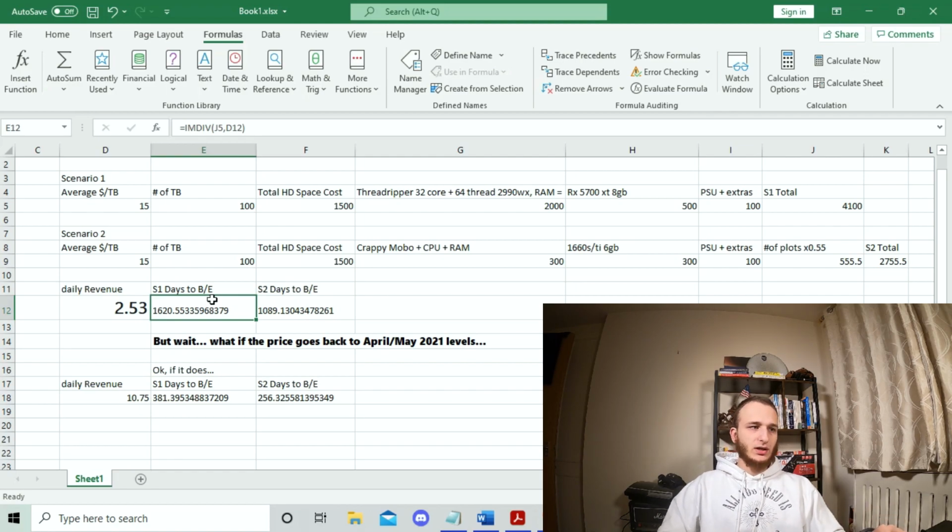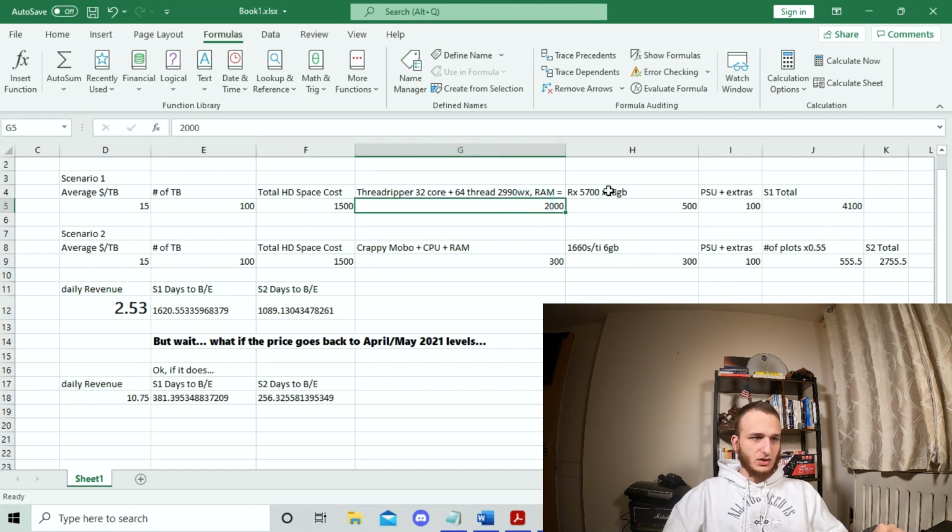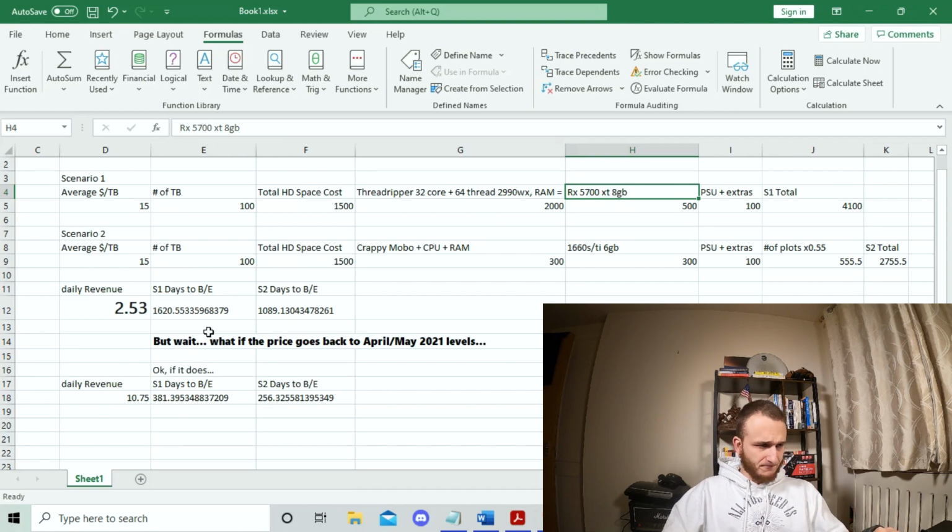Although it's a really good fail-safe option, you could sell these things off, and it's definitely some future proofing, because this is a really good, recently released CPU that's still kicking ass, and a pretty decent GPU as well. You can definitely play most games on that. So it's a great fail-safe option, but it'll take you way too long to break even.